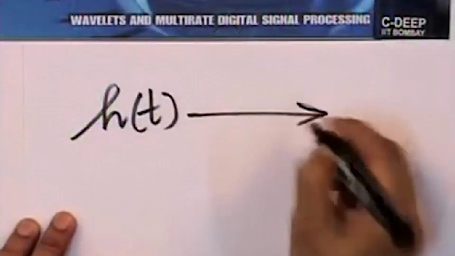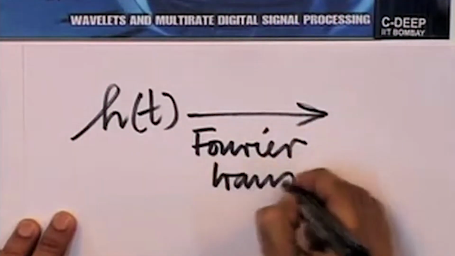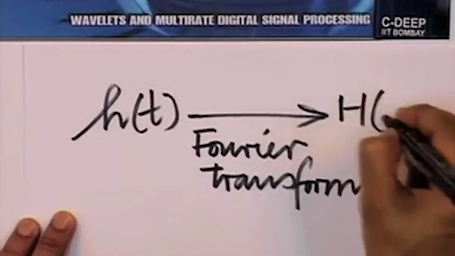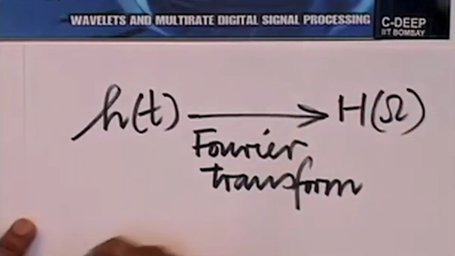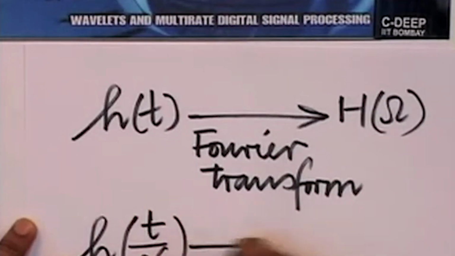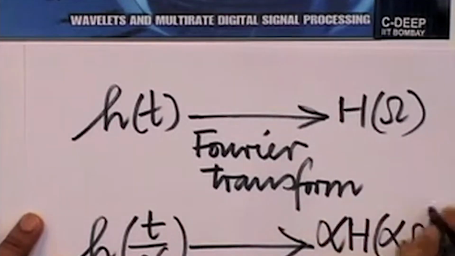So, what we are saying in effect is, if h t has the Fourier transform H of omega, then h t by alpha has the Fourier transform alpha times H of alpha omega, where alpha is of course strictly greater than 0 here.